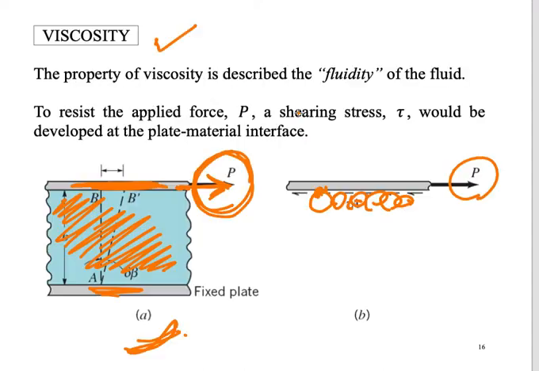Tau is the shear stress for one molecule here, and we multiply it by the area of the plate to calculate the total resistance that occurs on this plate. We can only move this plate when the force is equivalent to this resistance.